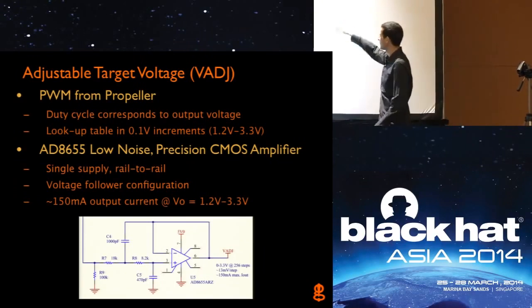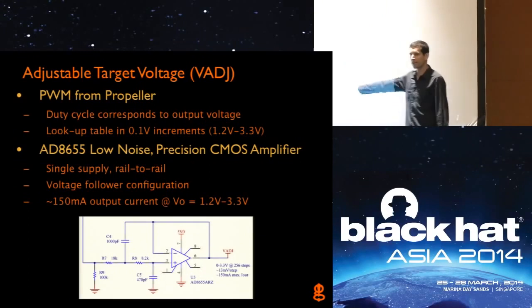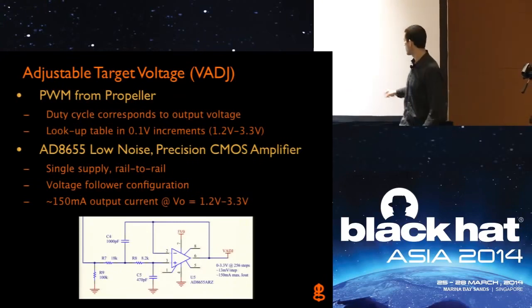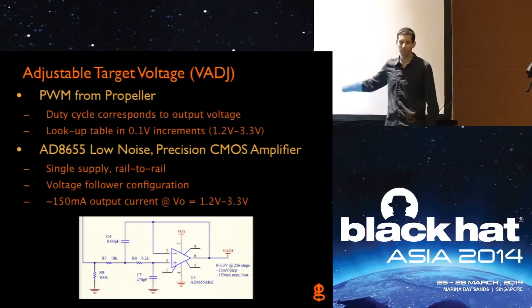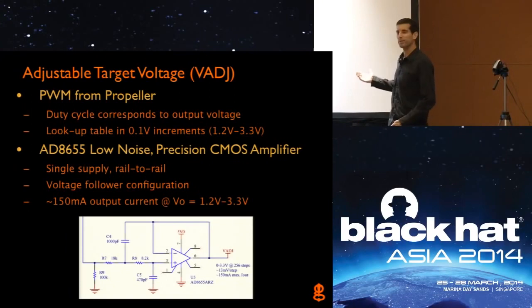And the way that works is I have an op amp, basically an RC filter going through a buffer to provide the voltage. And we really don't even need the buffer, but that's going to provide us a little bit of isolation and also give us additional output current, because that op amp can provide about 150 milliamps of output current.